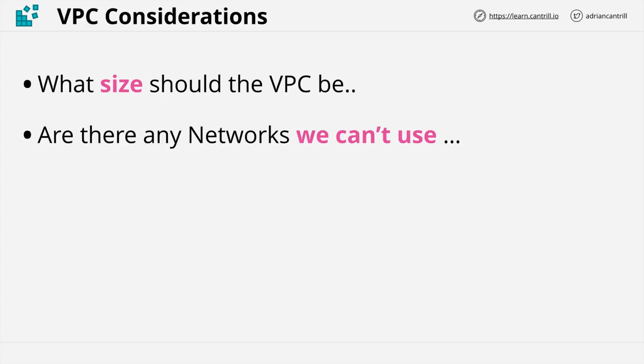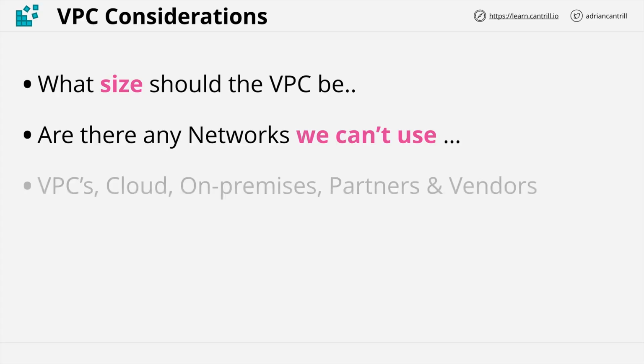In the previous lesson, I mentioned that overlapping or duplicate ranges would make network communication difficult, so choosing wisely at this stage is essential. Be mindful about ranges that other VPCs use, ranges which are utilized in other cloud environments, on other on-premises networks, and even partners and vendors. Try to avoid ranges which other parties use, which you might need to interact with, and be cautious. If in doubt, assume the worst.